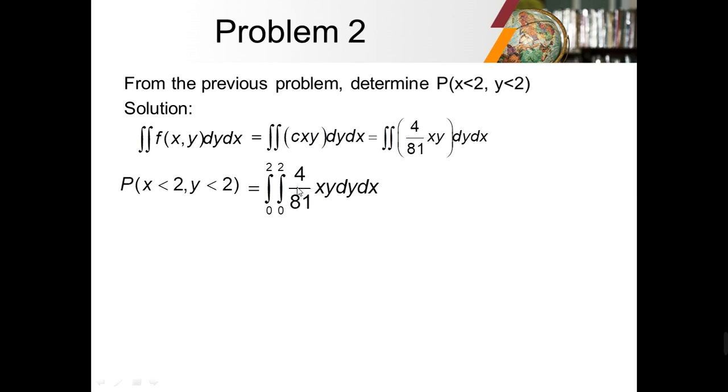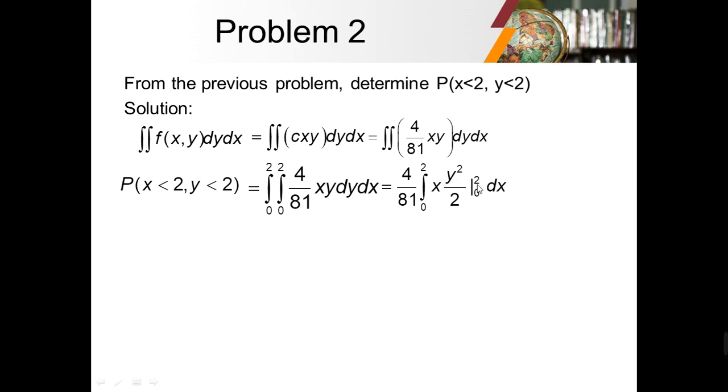So, pwede nating ilabas actually yung 4 over 81 x kasi mag-integrate tayo dyan in terms of y. So, again, ang integrate natin ay y dy lamang, ay magiging y squared over 2. Nilabas na lang yung 4 over 81. Naiwan dito si x, pero x is still a constant. So, ang in-integrate lang natin is si y, naging y squared over 2 with limits from 0 to 2.